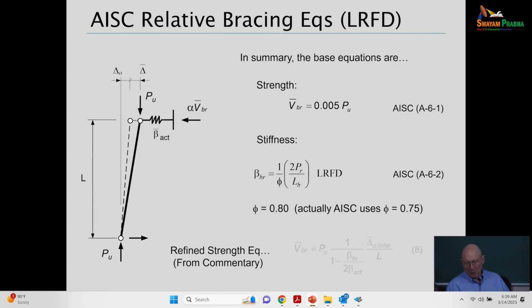And the refined equation for getting the brace force from the commentary, if we're providing an actual brace stiffness that's larger than the required brace stiffness, equation 8 here, ends up giving you a bracing strength requirement that's smaller than equation A-6-1 here at the top of this slide.